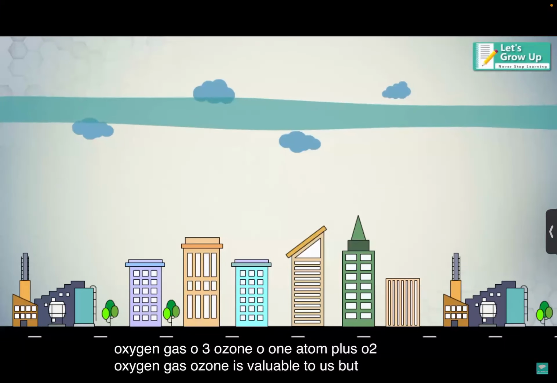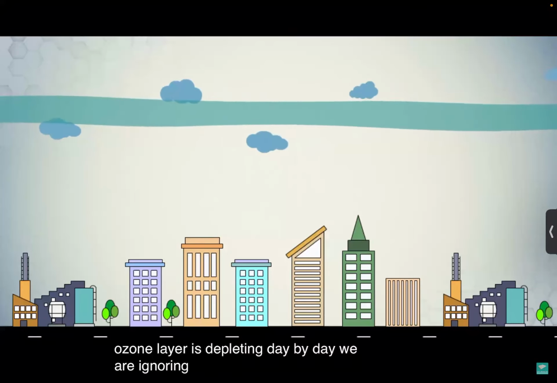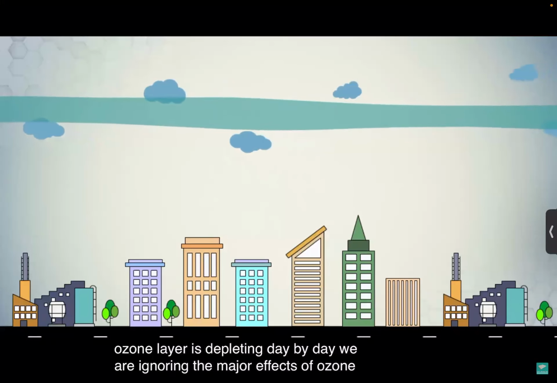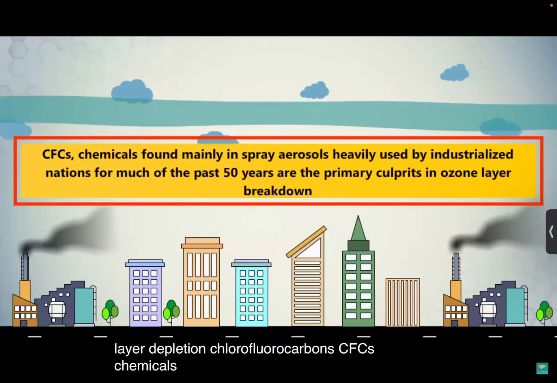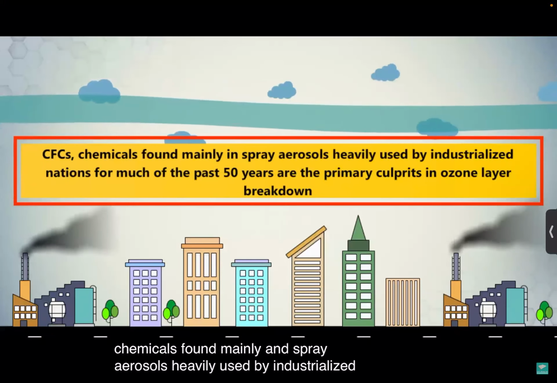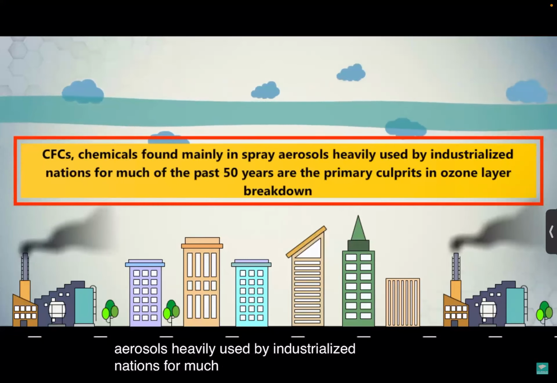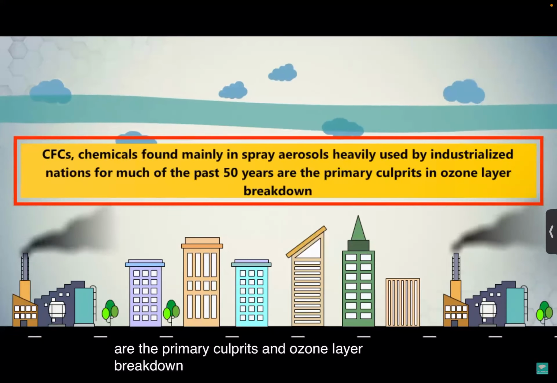Ozone is valuable to us. But the ozone layer is depleting day by day. We are ignoring the major effects of ozone layer depletion. Chlorofluorocarbons, CFCs, chemicals found mainly in sprays and aerosols, heavily used by industrialized nations for much of the past 50 years, are the primary culprits in ozone layer breakdown.